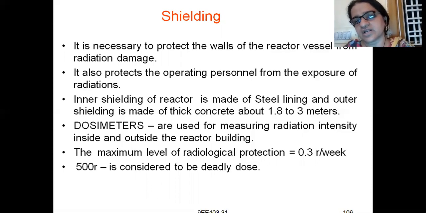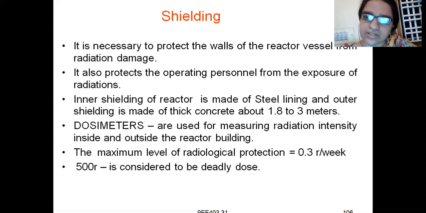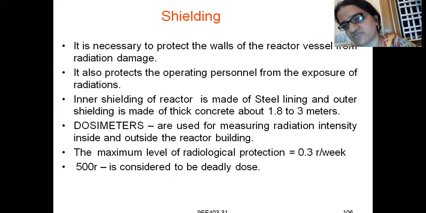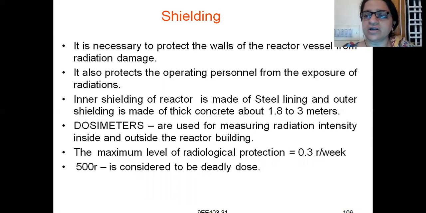Due to continuous exposure to the radiations getting out of nuclear fuel, the reactor vessel might get damaged, so we need to provide shielding to the nuclear reactor vessel.